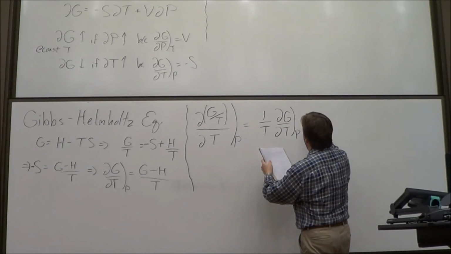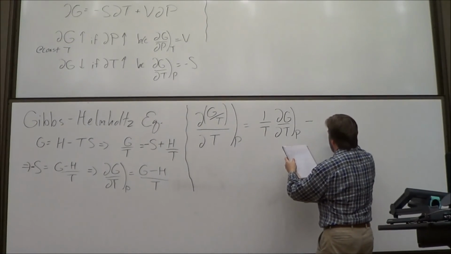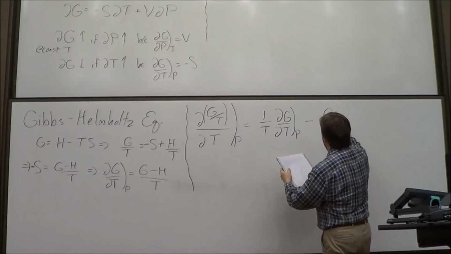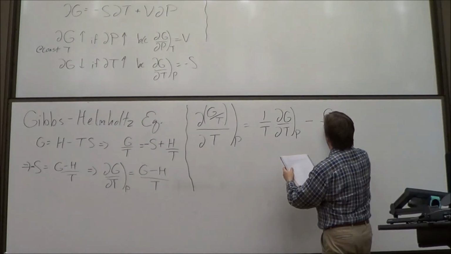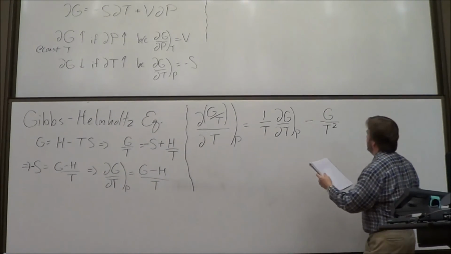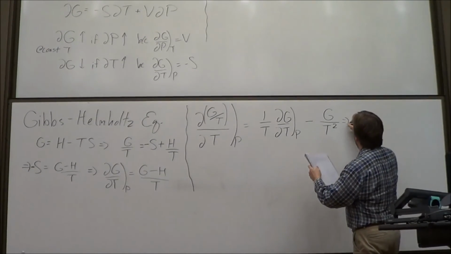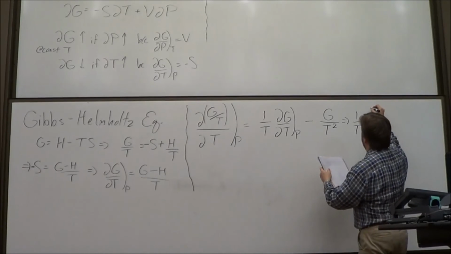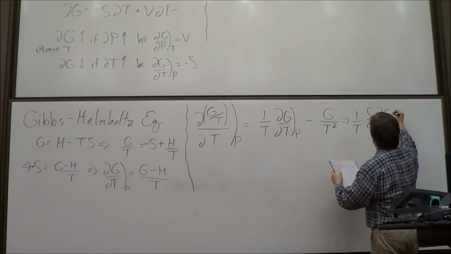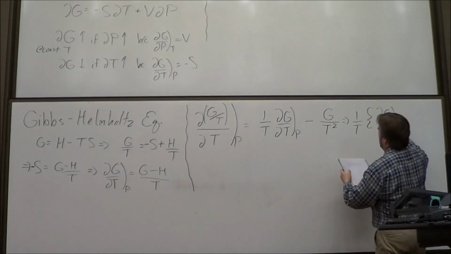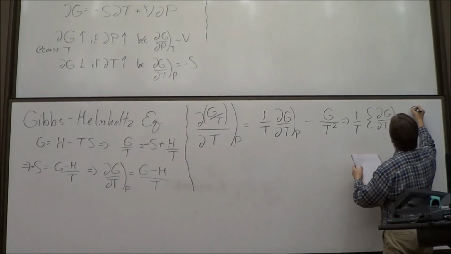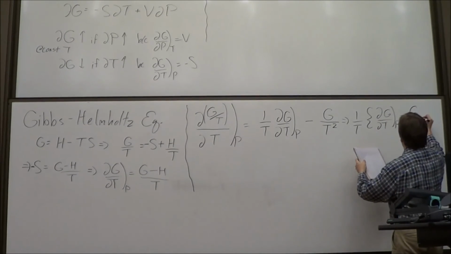And then the other term is, I'm going to leave the g function alone, and do the derivative of 1 over t, which is minus 1 over t squared. And therefore, I get dg dt at constant p minus g over t.